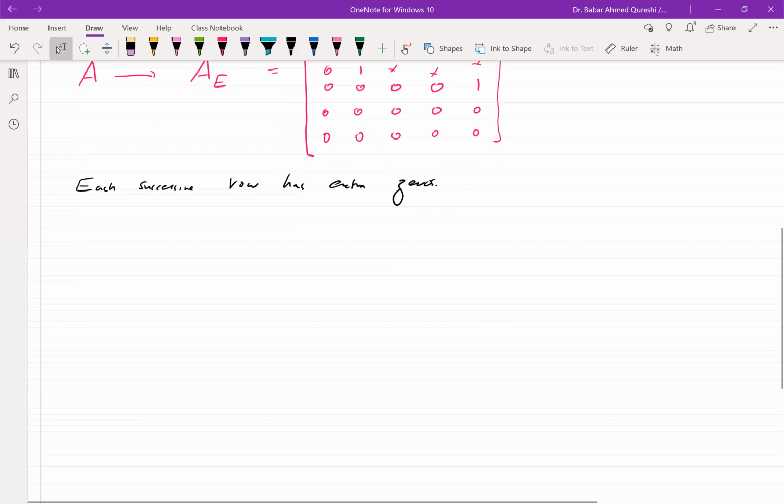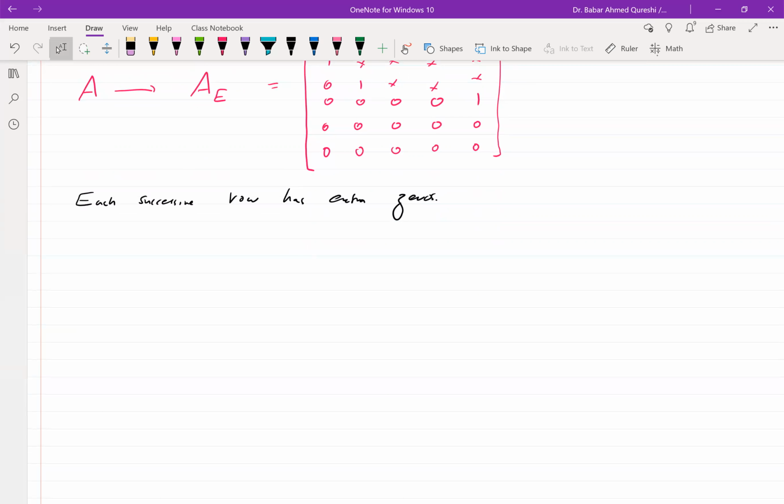So let's see what it says. So first of all, if I have a vector like this, these are row vectors, but I'm just writing the column. The argument is exactly the same. I can take these rows and put them as columns because I want to just do it in general.